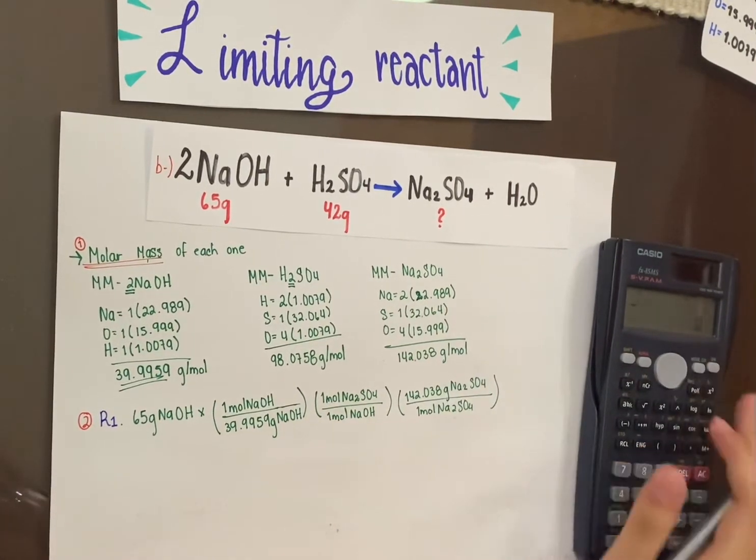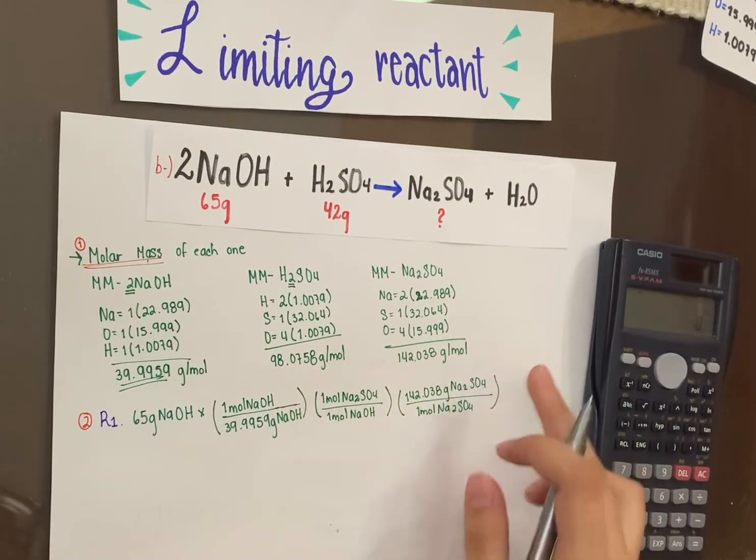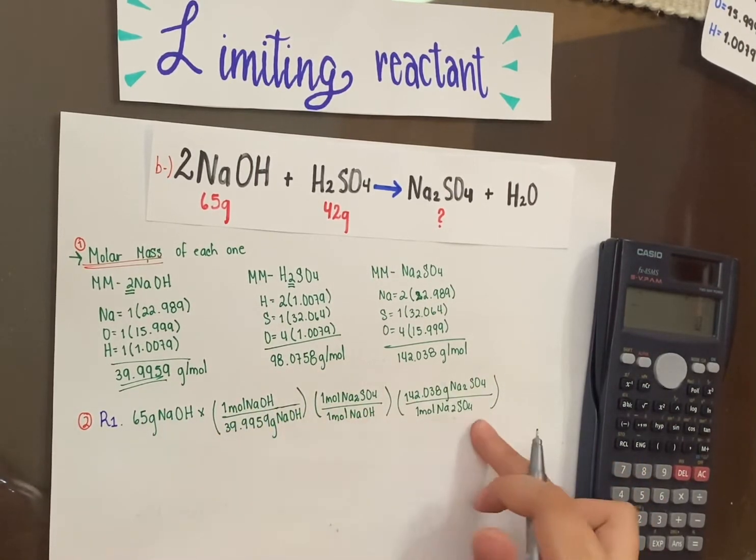So I am going to multiply all that is over here and divide it by all that is over here.